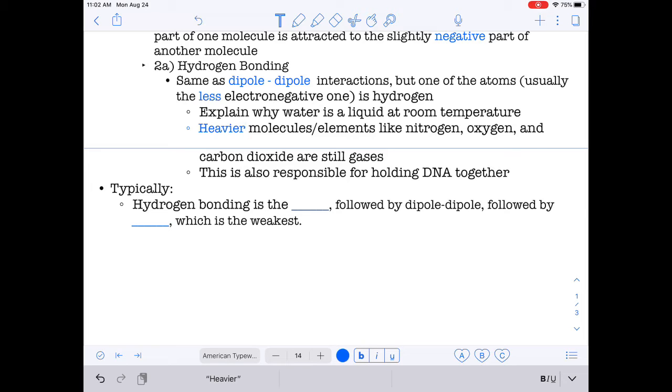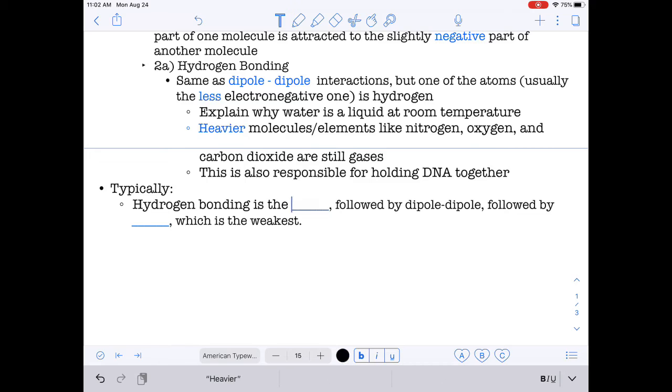Because DNA is a double-stranded molecule, and it's held together by hydrogen bonds. So when those bonds are broken for replication or other biological processes, it's broken by breaking these hydrogen bonds. So helicase kind of unzips the molecules by breaking the hydrogen bonds. And these bonds are strong enough to hold our DNA together.